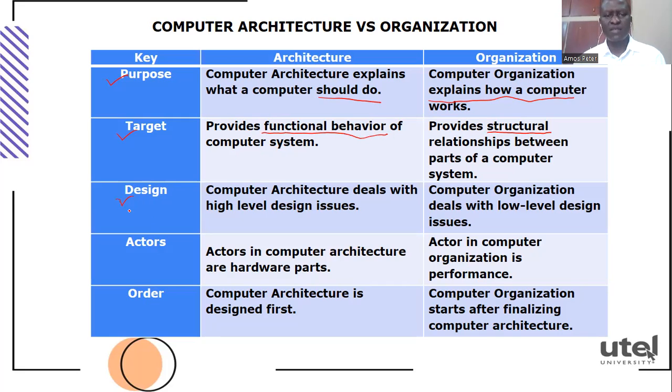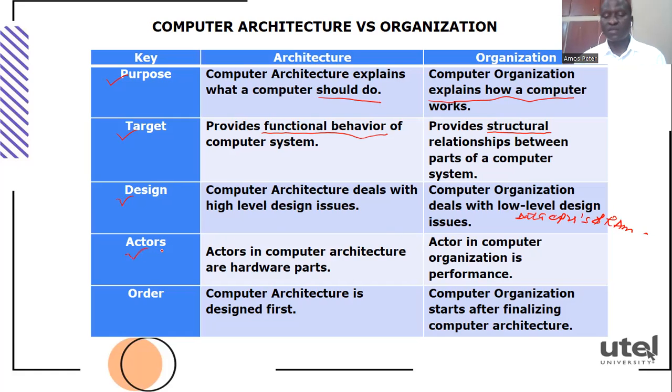Now, in terms of design, computer architecture deals with high-level design issues, such as the designs of the CPUs and the designs of the logic gates, while in the case of organization, we're much more concerned about the data path between the CPUs and the memory, that's the random access memory, and so on and so forth.